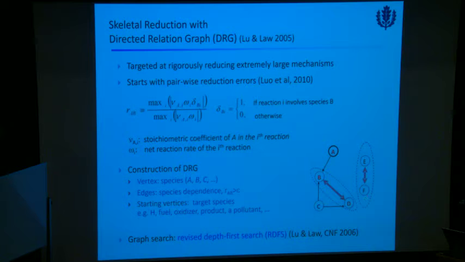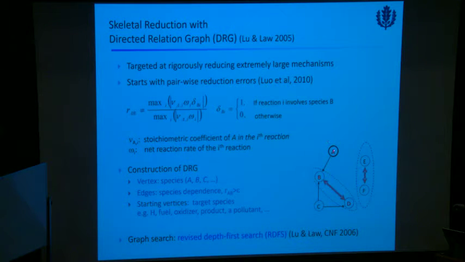So, and what we need to do is we just specify who you are interested in the mechanism. For example, if you're interested in the product or the fuel, you put it as the so-called starting species or target or starting vertex. So starting vertex is basically the starting node if you want to search through a graph.